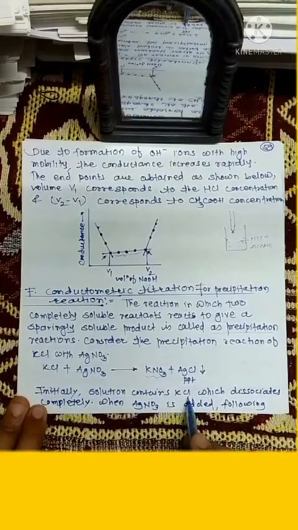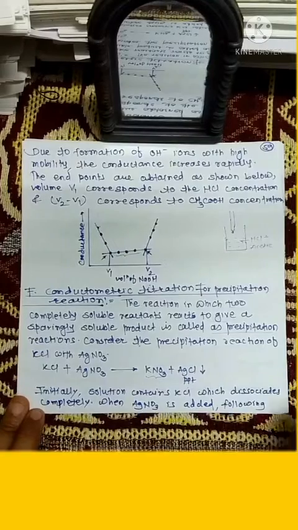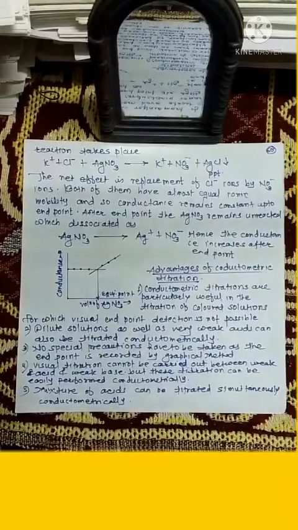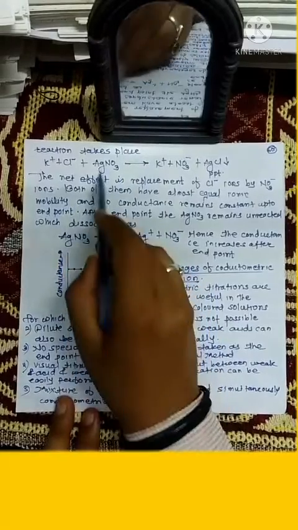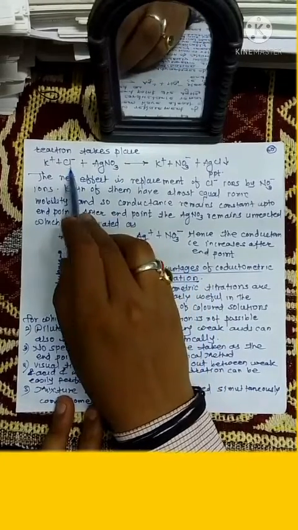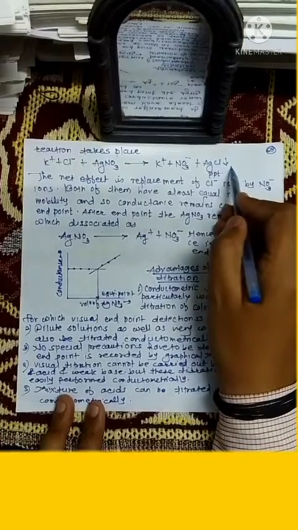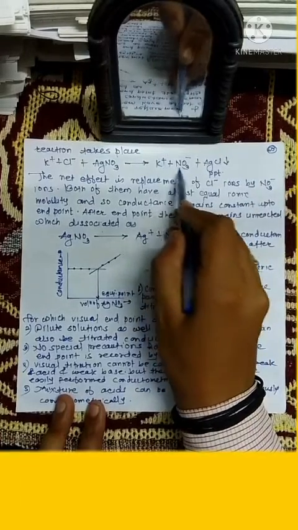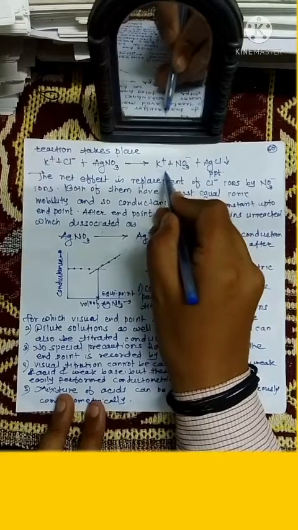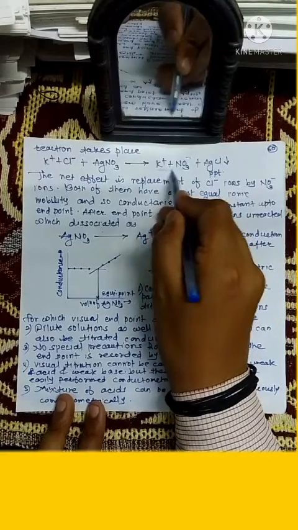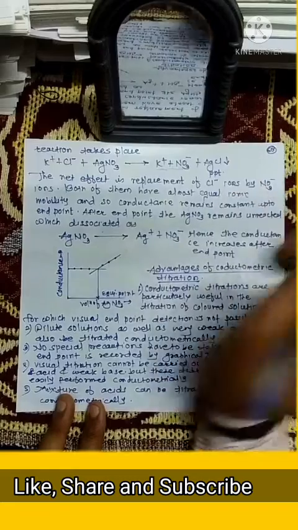Initially, the solution contains KCl which is dissociated completely. When AgNO3 is added, the following reaction takes place. AgCl is precipitated, and K+ and NO3- remain in the solution in ionic form.